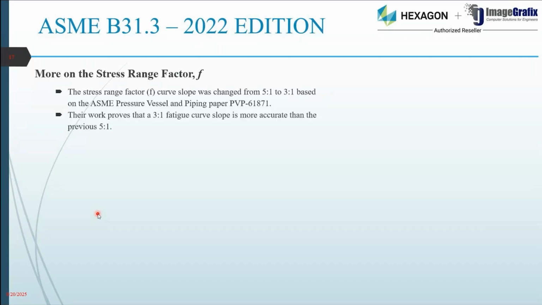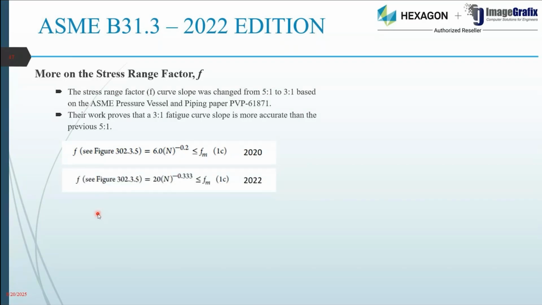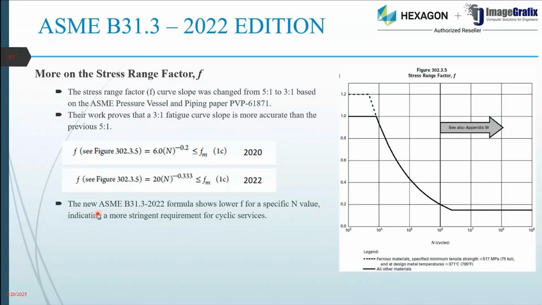This work proves that the 3:1 curve slope is more accurate than the previous 5:1 slope. This was the original formula for F in the 2020 edition of ASME B31.3, which has been remodified as this one in the 2022 edition. The new ASME B31.3 formula shows lower F for a specific N value, indicating more stringent requirements for cyclic services.